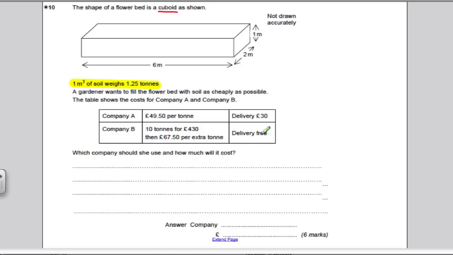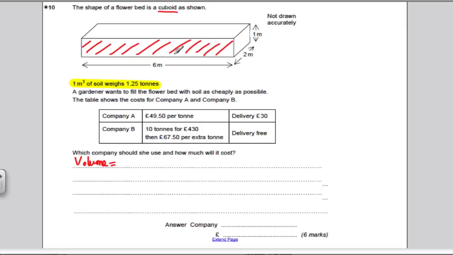Okay, obviously, let's work out how much this flower bed would weigh in tons. We know that every meter cubed of space or volume it takes up is 1.25 tons of mass. So let's work out how much volume it takes up. Let's do the easy calculation, the volume. Well, we know the volume of this shape is the cross-section area times by how far back it is.